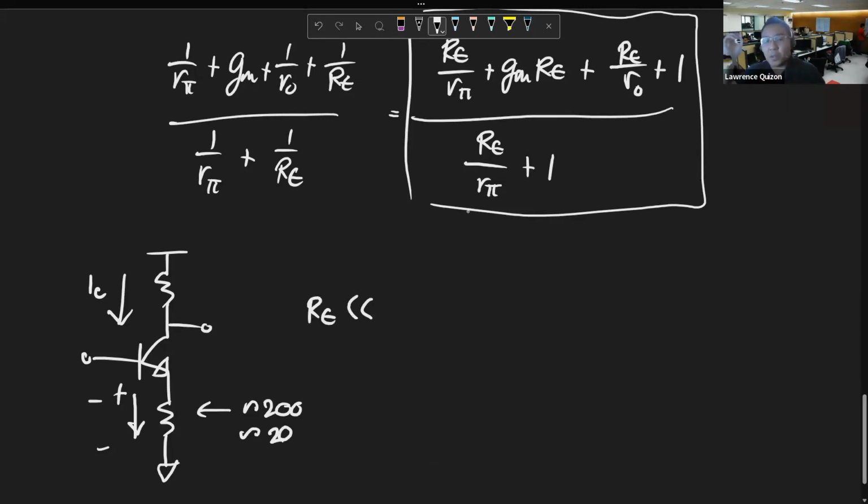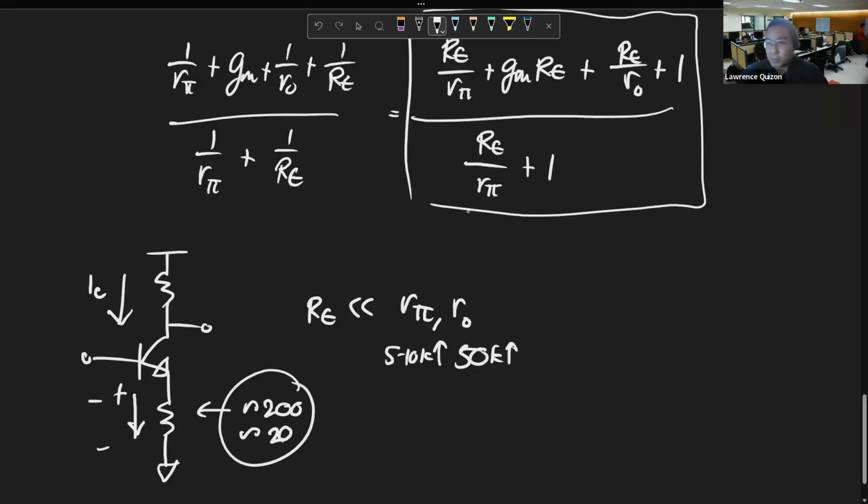So that's why RE is typically very low. In fact, we will assume here that RE is much less than R pi, much less than R out. Why? R out is typically greater than 50K, right? R pi is around, I don't know, 5 to 10K. So since RE is in the hundreds to tens, this is a fair assumption.